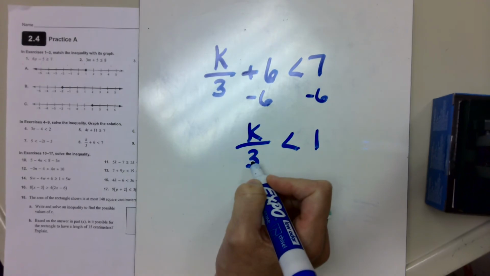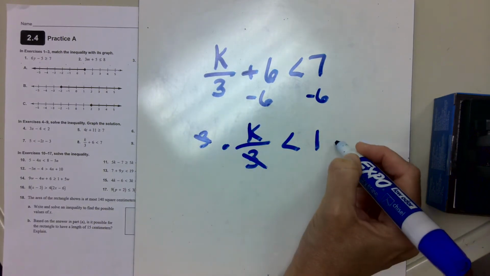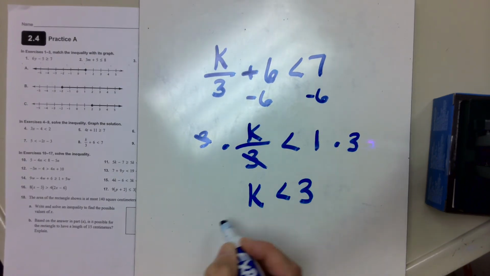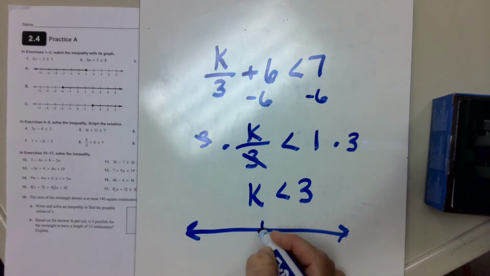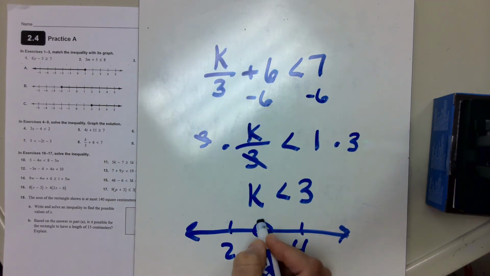Now to get rid of this denominator, you multiply by it. It cross simplifies. You got to multiply to this side, and you get k is less than 3. To graph it, you need the number 3, and then 1 ahead of it, 1 before it, and graph it. Now this doesn't have an equal sign, so again you have an open circle, and you're highlighting everything less than 3.